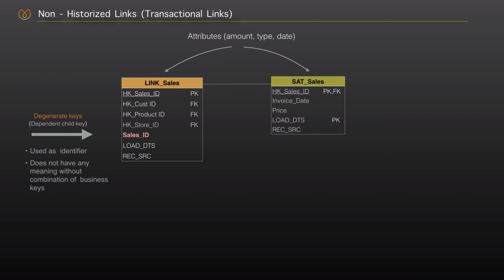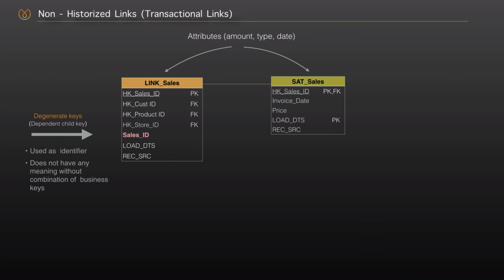For example, in our scenario, it will be the invoice date that shows when the purchase was done and also the price information of the product. And finally, we have the hash key column that represents the primary key value. If a dependent child key is present in a link structure, then the hash key in the link is generated from that dependent child key and the reference hub business keys.